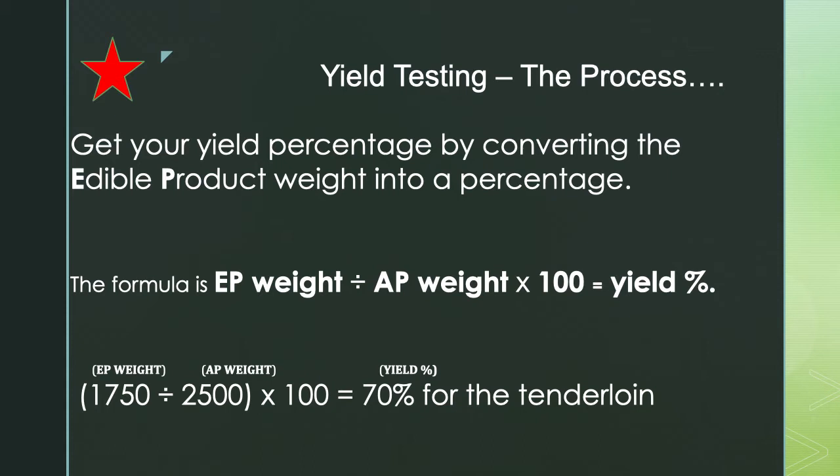I'm going to divide that by my as purchase weight, which is 2,500 grams, multiply by 100. That's going to give me a yield of 70% for the tenderloin. So after I've taken all the trim off of the tenderloin, and it's ready to use, I've only got 70% yield out of that. 30% has gone towards the wastage, in other words.